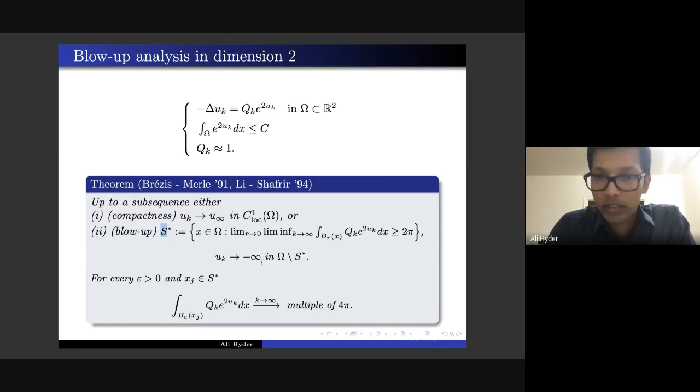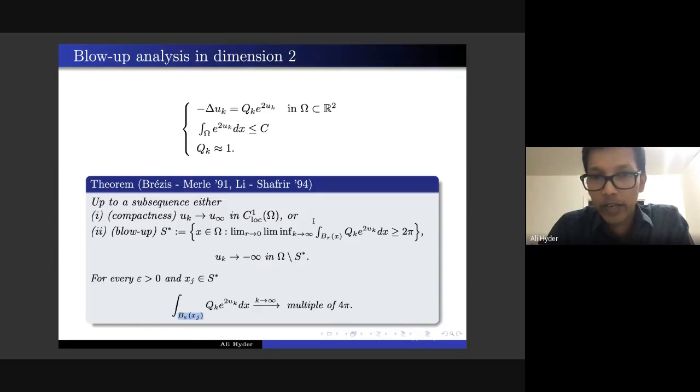And what happens around the points of this set? You fix a point x_j in S star, and then for every small positive epsilon, the integral of the right hand side q exponential to u_k in a small ball would converge to 4 pi, or 8 pi, 12 pi, and so on, an integer multiple of 4 pi.